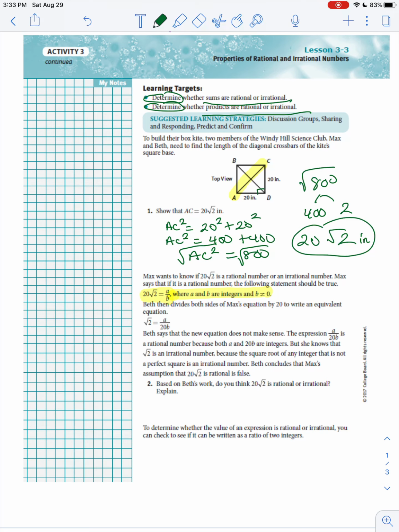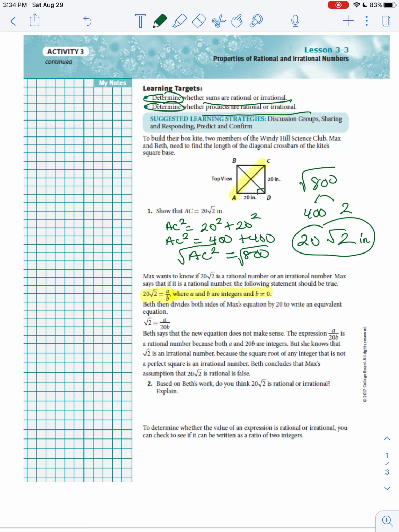The expression a over 20b is a rational number because both a and 20b are integers. But she knows the square root of 2 is irrational because the square root of any number that's not a perfect square is an irrational number. So she concludes that Max's assumption that 20 root 2 is rational must be false.